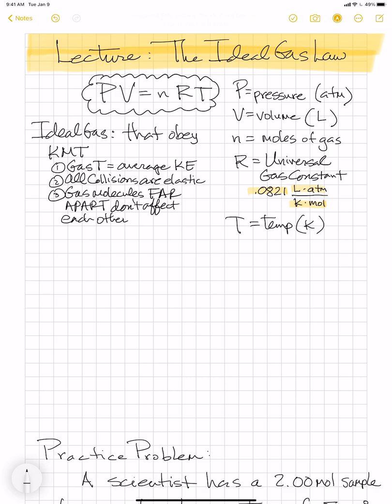But for all intents and purposes, you can just know that gases in your experience will follow this ideal gas law.